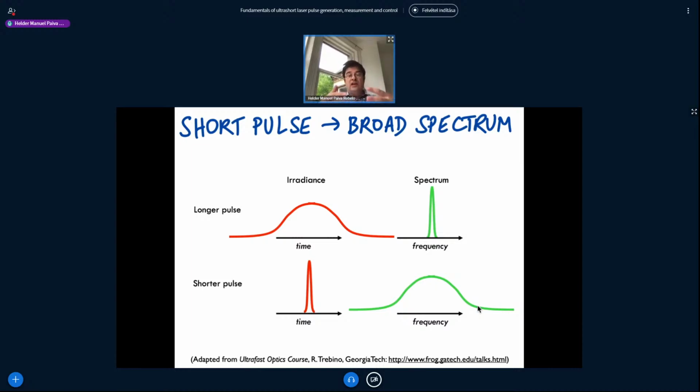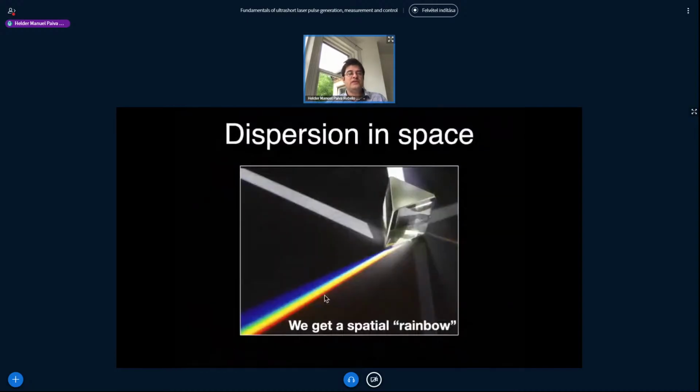So it's so broad that it encompasses most of the visible spectrum of light. So it looks like white light. So again, very important, very fundamental. Short pulse, broad spectrum. And of course, if you have a long pulse in time, you can have a narrow spectrum, no problem. But a short pulse forcibly requires a very broad spectrum in order for it to be able to support this short pulse.